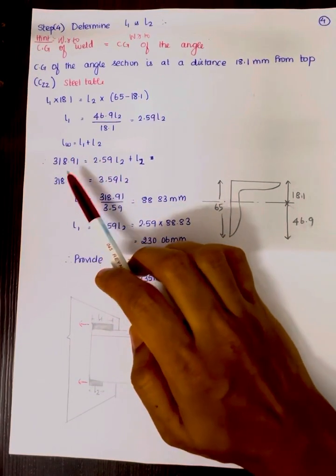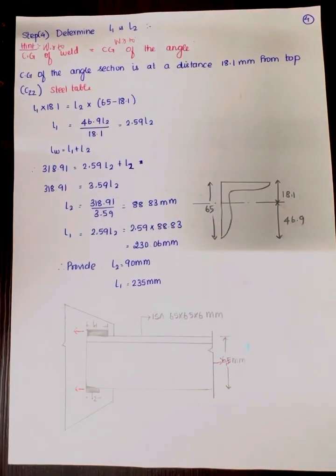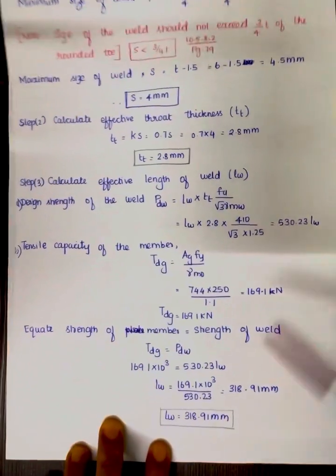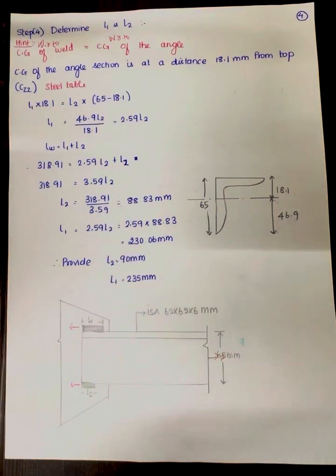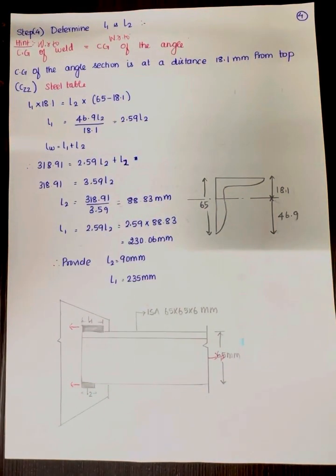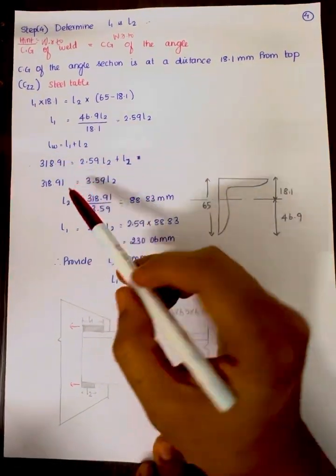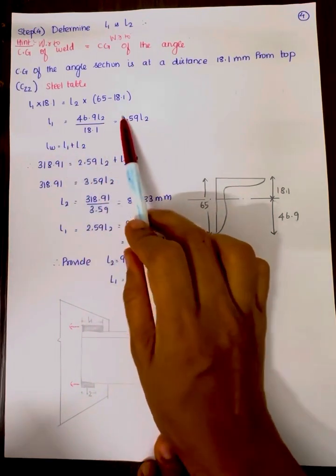LW is 318.91. LW, 318.91, is equal to L1 plus L2. So we have obtained L1 in terms of L2.